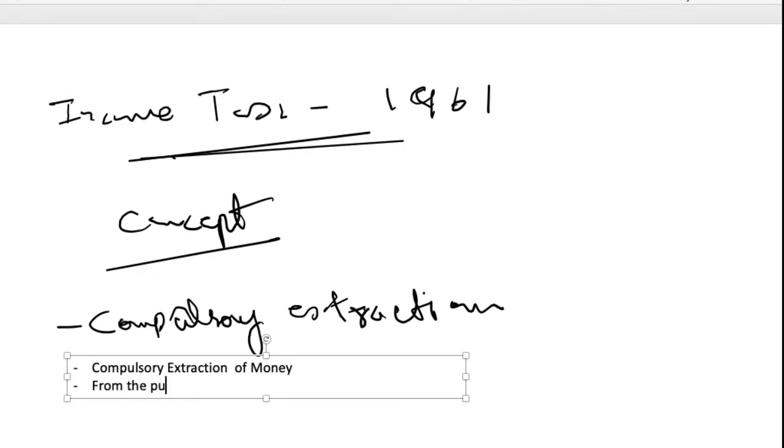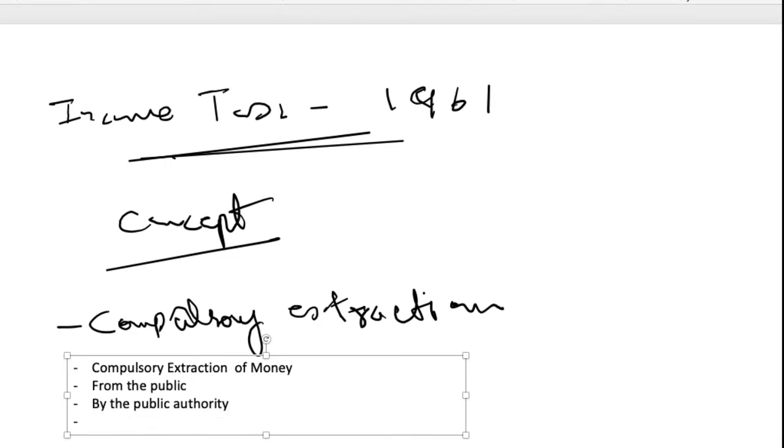So the tax is a compulsory extraction of money from the public by the public authority. Here the public means the citizen, right? It should also be enforceable by law.